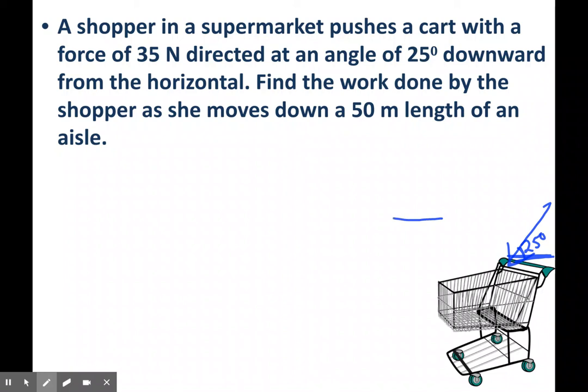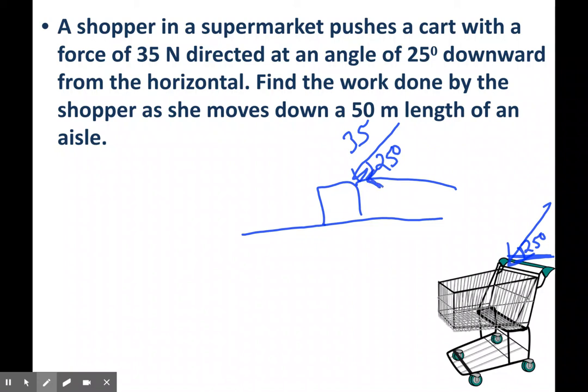Let me draw it a little bit over here so we have more room. So this is 35. Our angle is 25. We need to find the X component of that. So 35 cosine 25 is going to give me 31.7.